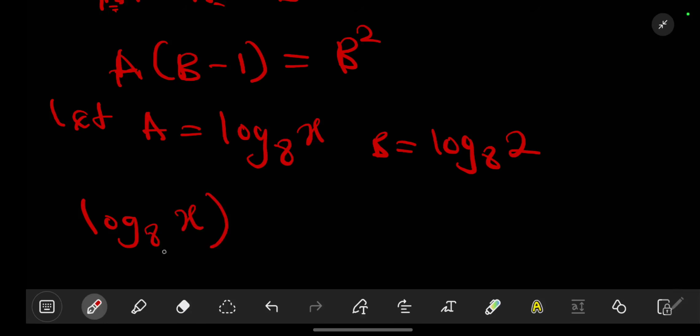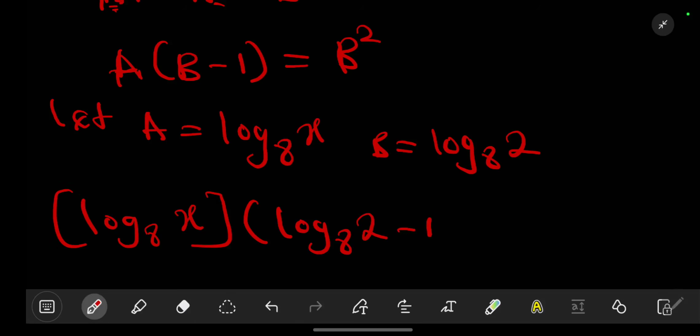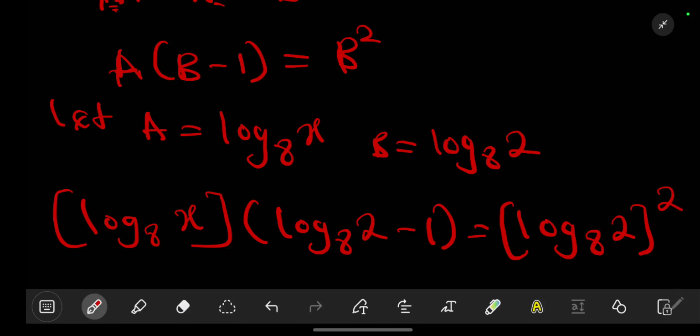This is multiplying b, which is the log base 8 of 2, minus 1, should be equal to the log base 8 of 2, like that. So this is what we have. So this is squared, like that.